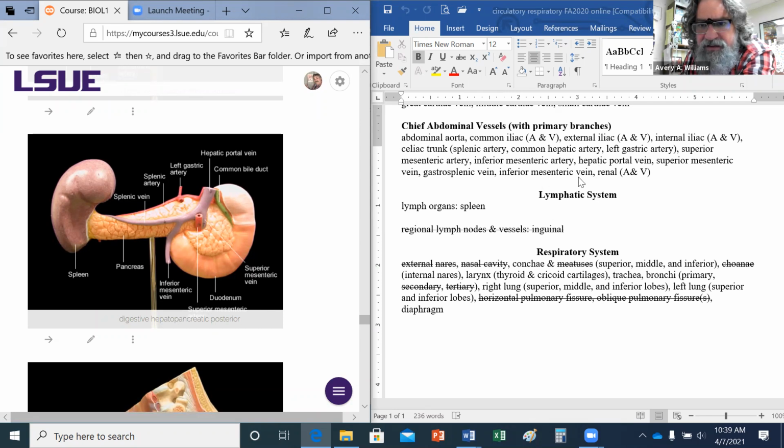Inferior mesenteric vein. Inferior mesenteric artery. Here's the vein and the artery. Let's see. They don't show you the artery on this one. Yeah, no, they do right here. Here's the vein and the artery, superior mesenteric.